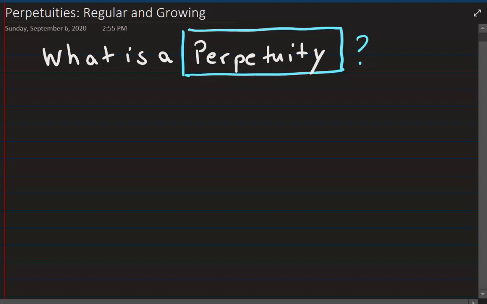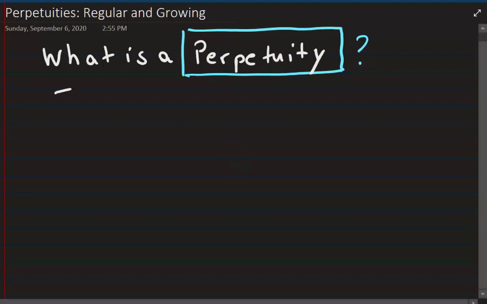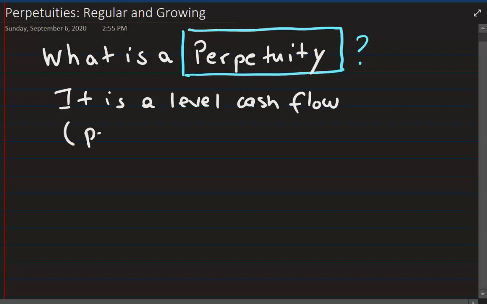In this short video, I'm going to introduce the concept of a perpetuity, kind of as a bridge to an annuity, which is something we're going to use quite a bit. Now, a perpetuity is a simple concept. It is a level cash flow, that means it is periodic every month, every year, every quarter, whatever the period is, and cash flow amounts are the same.